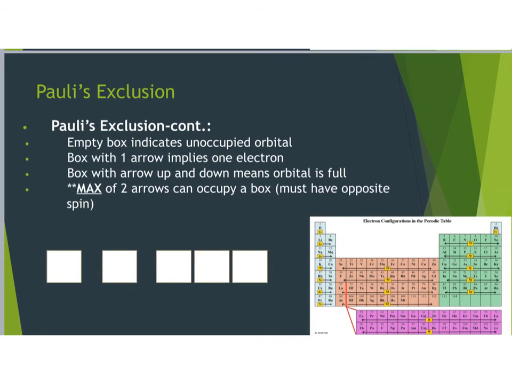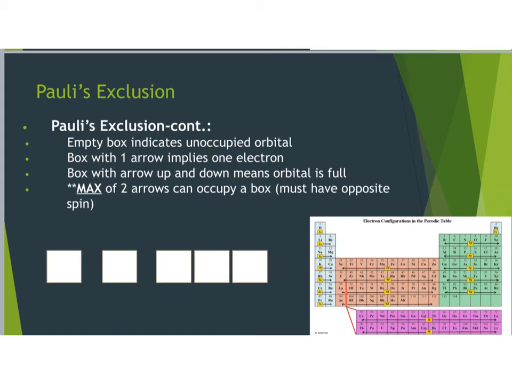Now Pauli's exclusion also tells us that each empty box indicates that we have an unoccupied orbital, so it just means that nothing's hanging out there. A box that has 1 arrow tells us that there's only 1 electron in that box. And then it says a box with an arrow up and down means that that orbital is full.